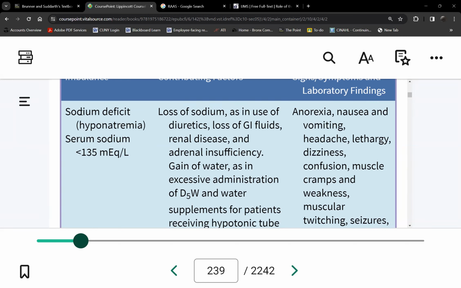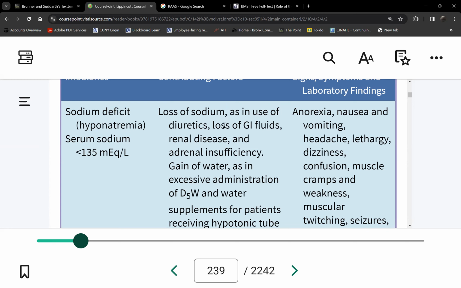So when we say sodium deficit, where is this low, intracellularly or extracellularly? Extracellularly, because the specimen we use to determine this is blood, which is extracellular. You drew blood and saw sodium is low, so you know it's low in the bloodstream.